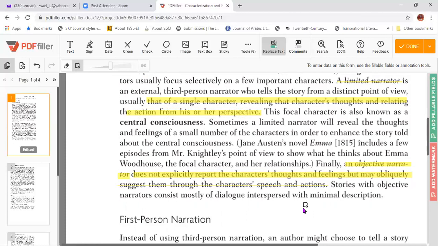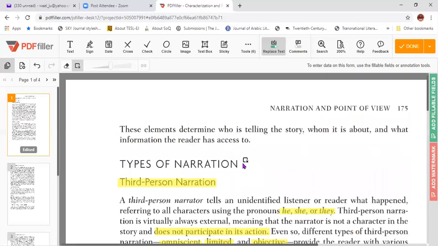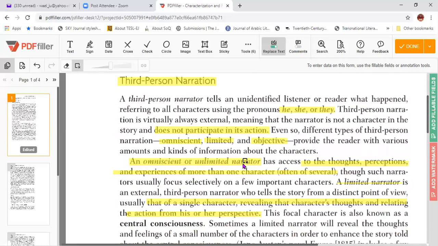So to summarize the third person narrator, we have three types. First of all, the third person narrator is the narrator that uses he, she, or they. Okay, and this kind of narrator is not a participant in the story. So the narrator is not a character.